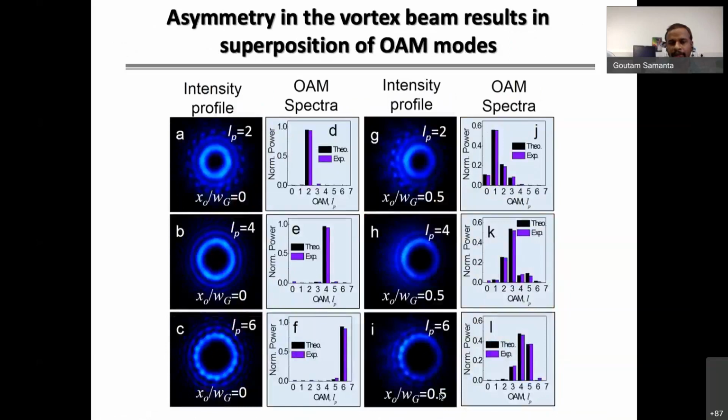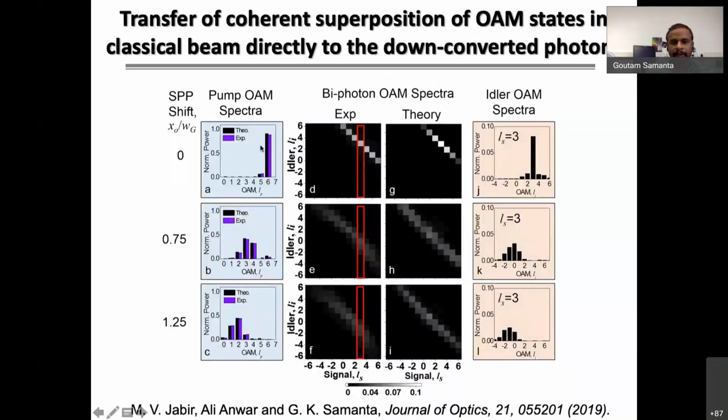Now, what do we do? Using this asymmetric vortex, we have used order 6 for the pump, and for the biphoton OAM modes we have selected one of the OAM modes of the pair photon. Let's say the signal OAM mode is 3, then we are triggering the idler mode.